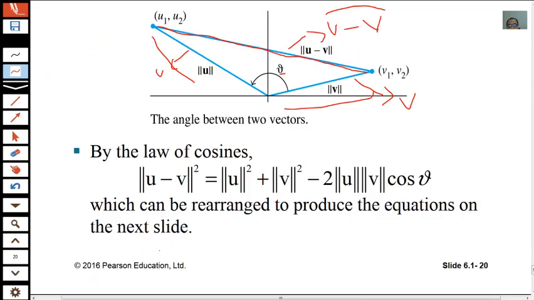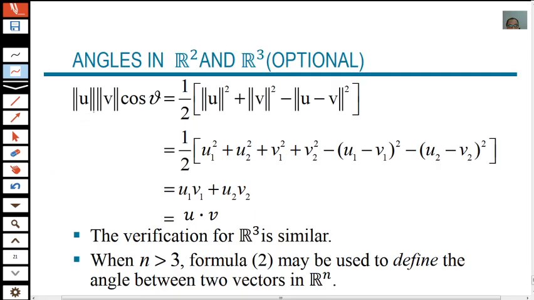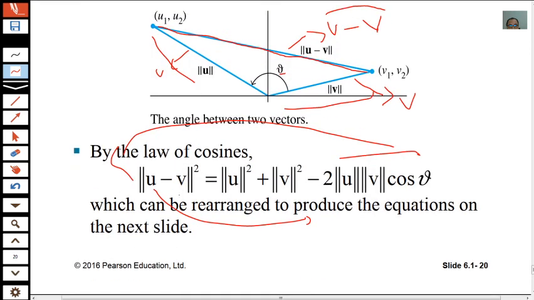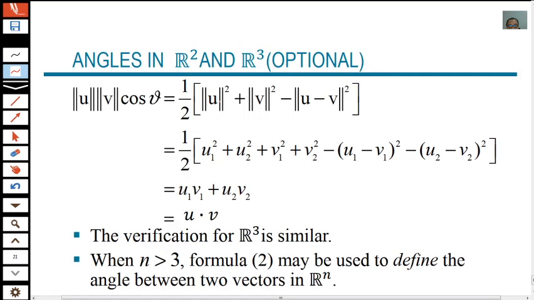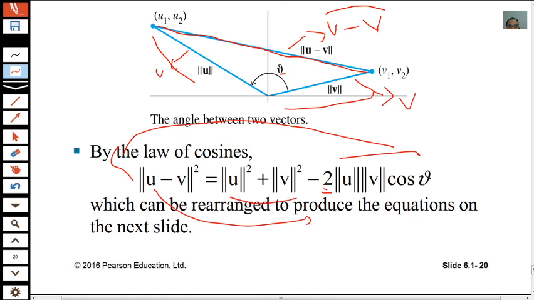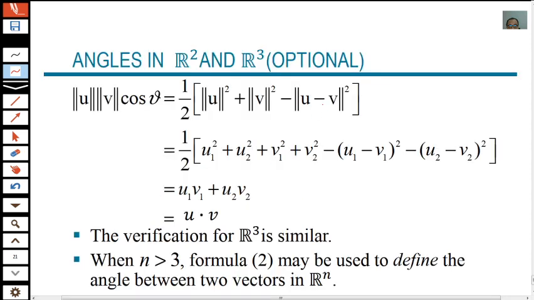And by writing this one on the left hand side and this one on the right hand side, we have the length of U times the length of V times cosine theta equal to 1 over 2 times the expression obtained from U squared plus V squared minus U minus V squared, and using the definition of the norm you can find them.